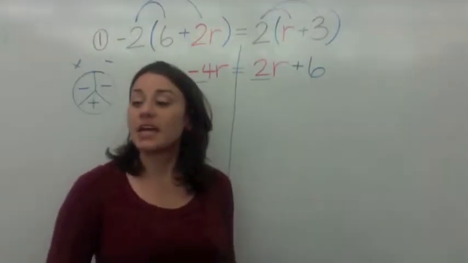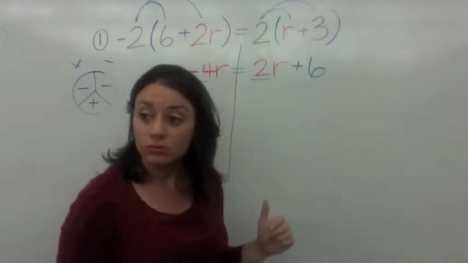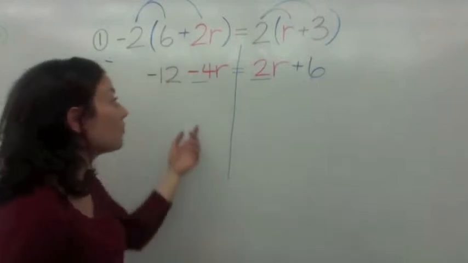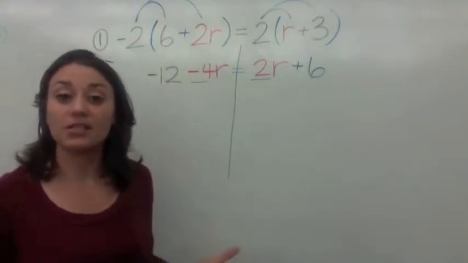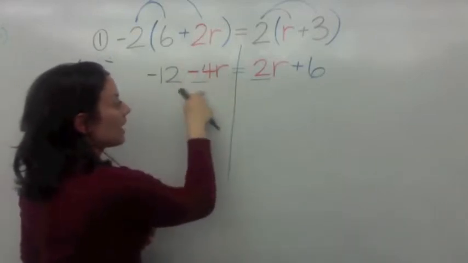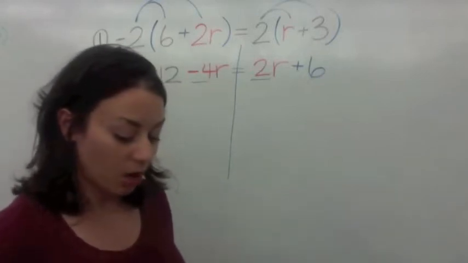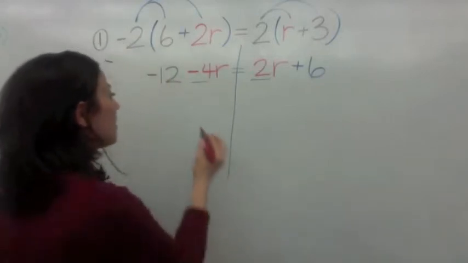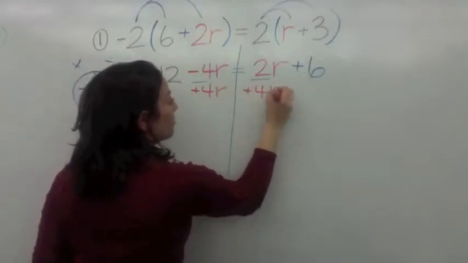It's -4, because a negative is always going to be smaller than a positive. So you're going to take the -4r and ask yourself, what is the opposite of -4r? It is positive 4r. So you're going to add 4r to both sides.